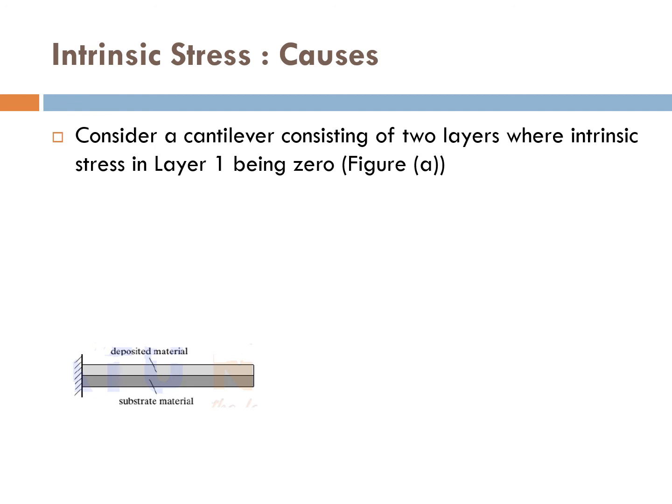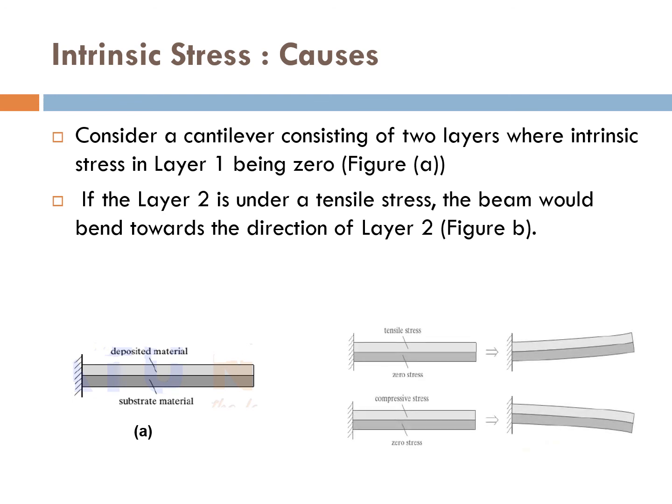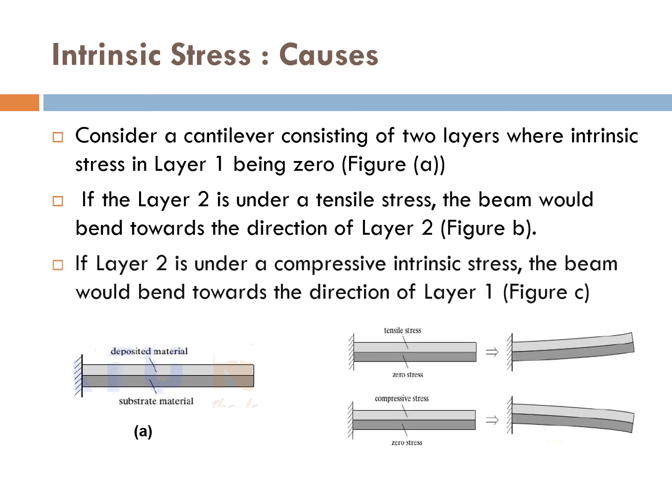The intrinsic stress of layer 1 is considered to be 0, as shown in this figure A. If the layer 2 is under a tensile stress, the beam would bend towards the direction of layer 2, as shown in figure B. If the layer 2 is under a compressive intrinsic stress, the beam would bend towards the direction of layer 1, as given in figure C.